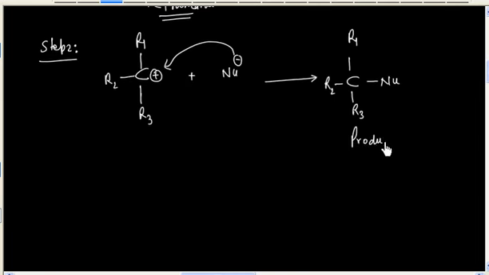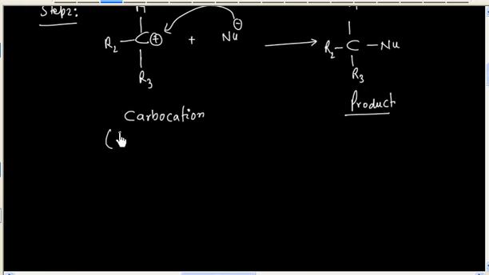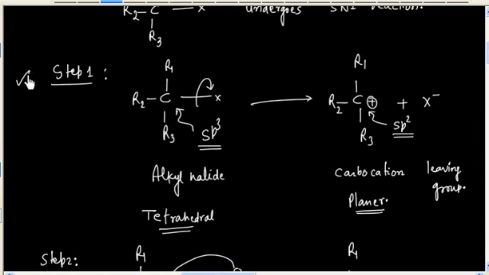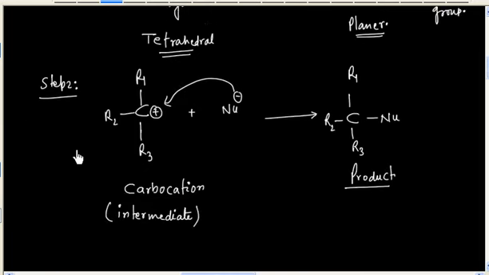So carbocation is the intermediate in this reaction. It is formed in the first step and it is used in the second step.